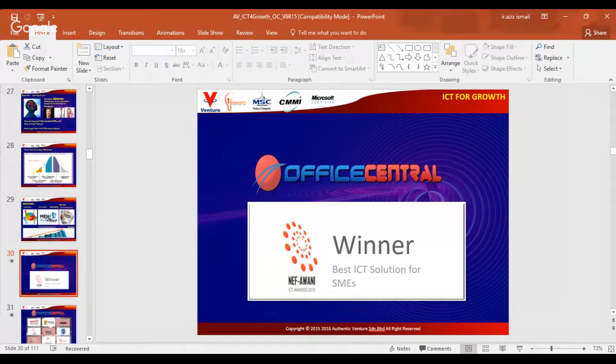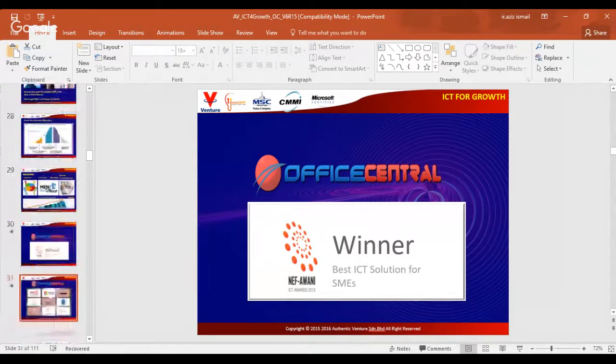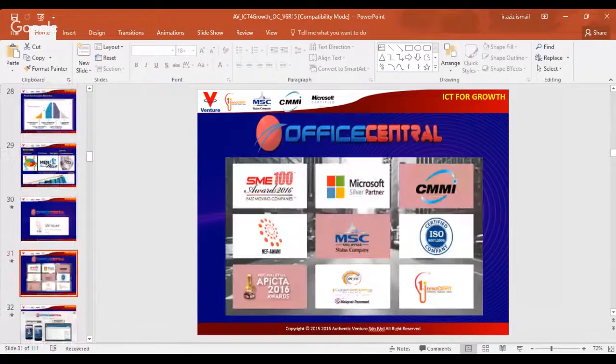In fact, Office Central has won a lot of awards: the Asia Pacific ICT Award, the SME 100 Award, and it is featured in magazines almost every month.